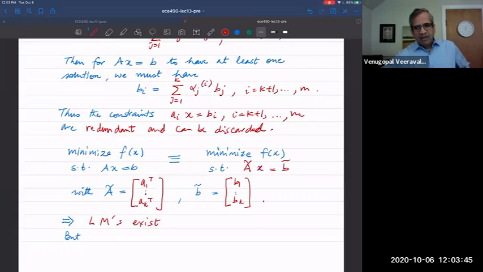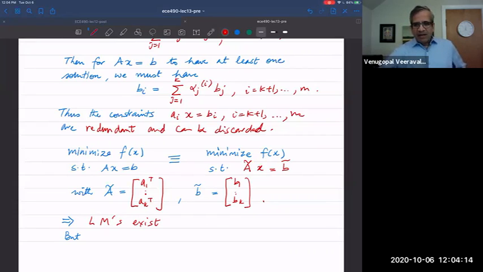Of course, the size of the Lagrange multiplier vector is no longer m, it's actually k, which is smaller than m. But if you want to think of it as an m-dimensional Lagrange multiplier, you can set the remaining coefficients to 0 without loss of generality. So there will only have to be k non-zero Lagrange multipliers.